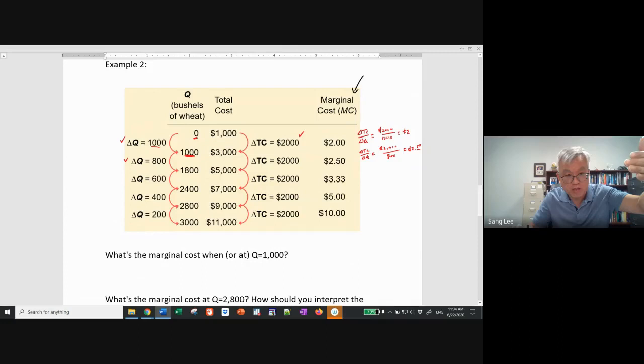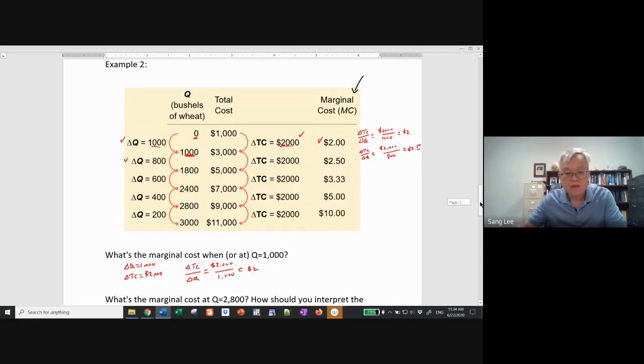So when you produce 1,000, change in quantity is 1,000, and then change in total cost is 2,000. So change in total cost divided by change in Q is 2,000 divided by 1,000 units, so it is $2. That's what we figured out just a minute ago.